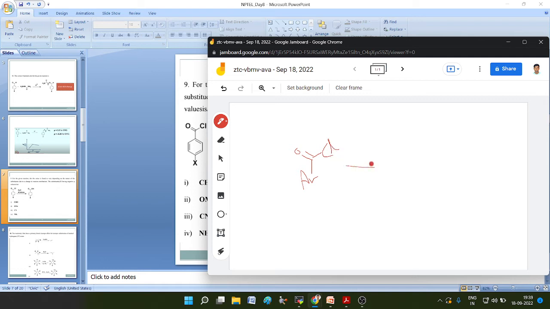Now when there is an NH2 group or methoxy group, the NH2 group will push its electron and the chlorine will act as a leaving group. If it were hydrogen in place, do you think it would happen? No, it won't happen, right? So what will happen here is quite a different thing. So this is the rate determining step here.